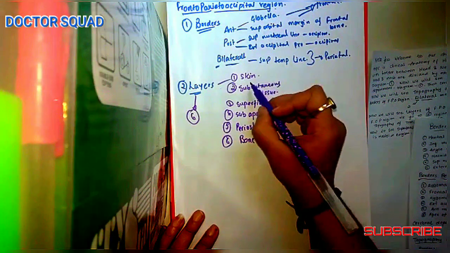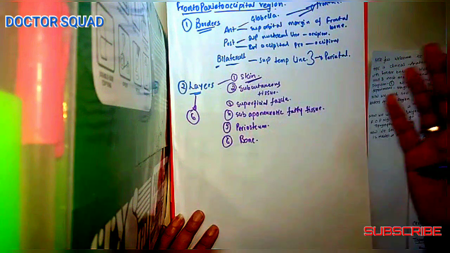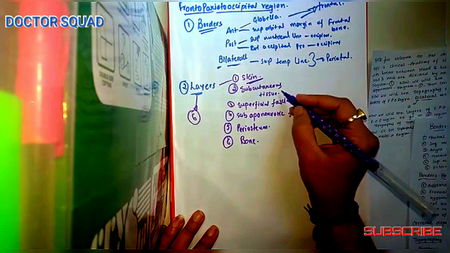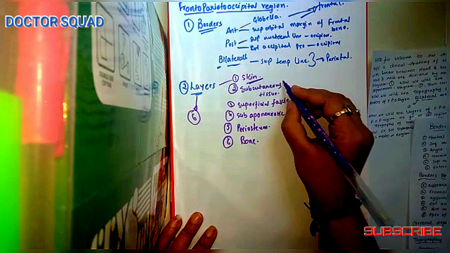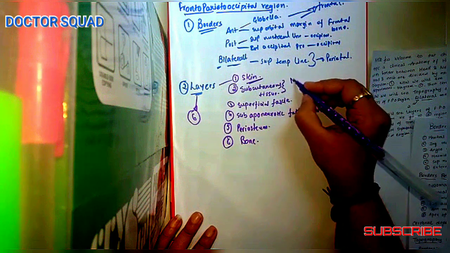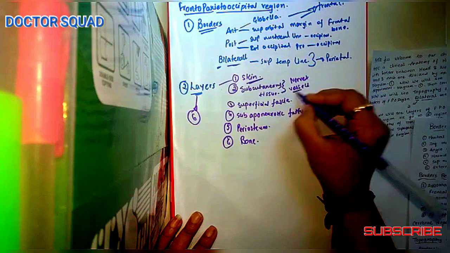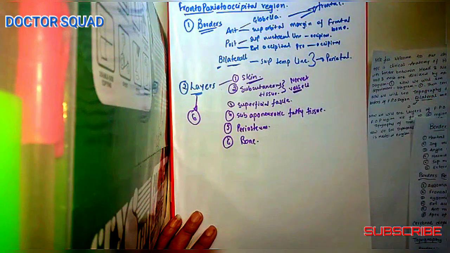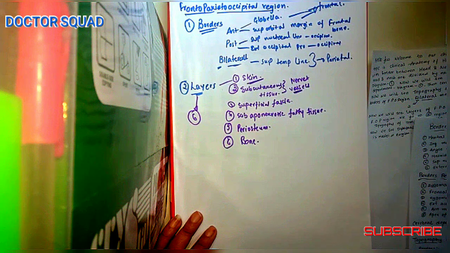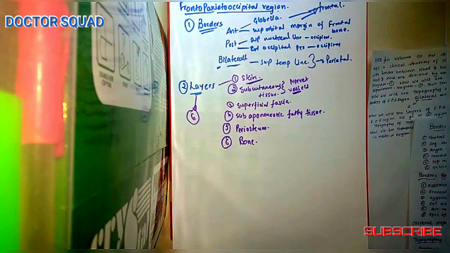Skin is loose and less movable, but it is movable, right? Subcutaneous tissue consists of nerves and vessels, like supraorbital veins, frontal veins, superficial temporal vein, posterior auricular arteries and veins, and occipital arteries and veins, right?